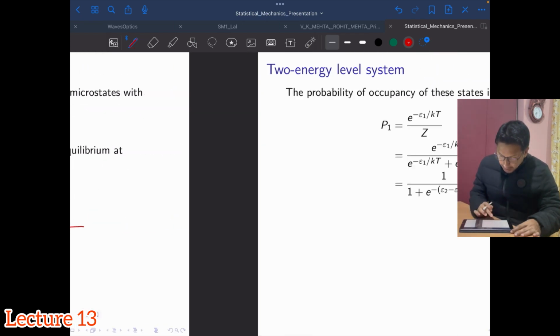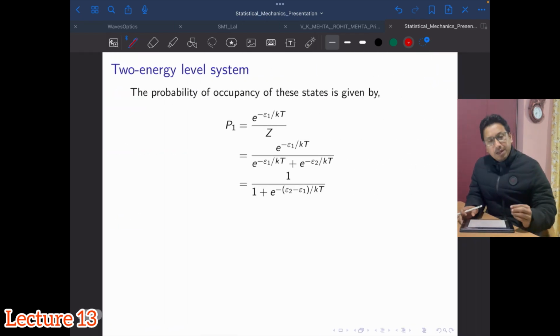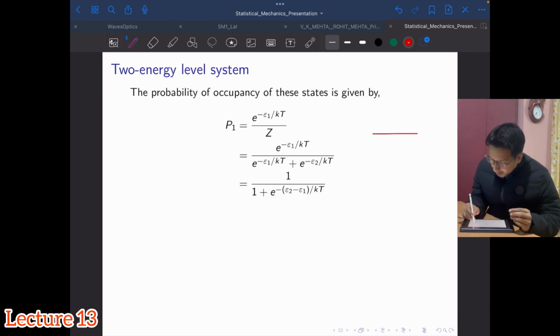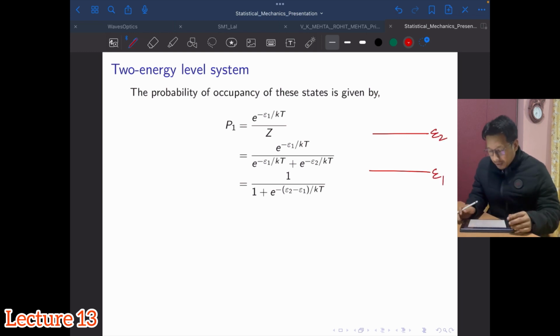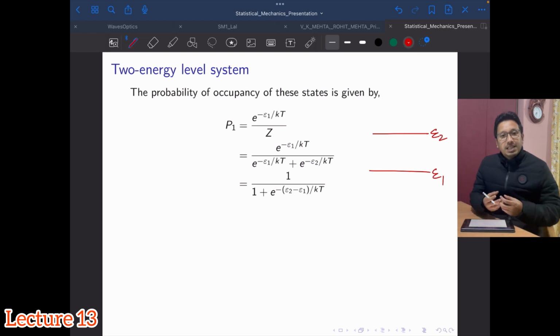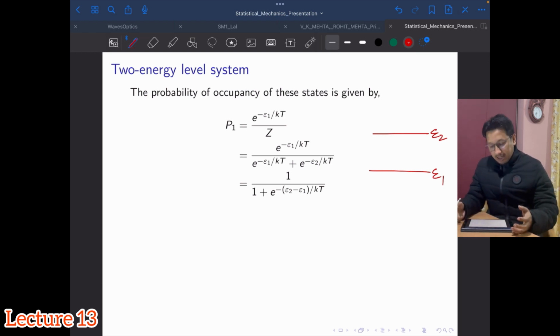Now let's discuss the probability of occupancy of these states. The system has got two states, as we have discussed earlier. If a particle is in the E1 state, what is the probability of occupancy of that state, which we have talked about in lecture number 9.